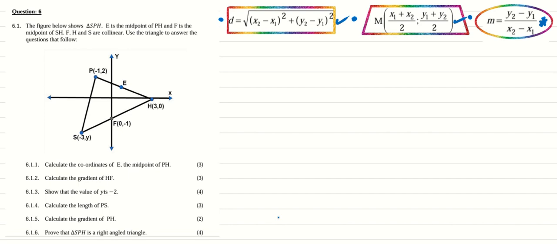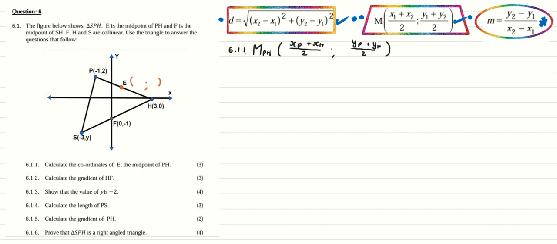Calculate the coordinates of E, the midpoint of PH. So we will now fill in this once we find it. Because we're working with midpoints, we need to work with the formula in the middle here. Right, so let's write that down.